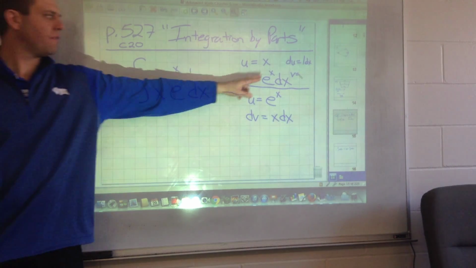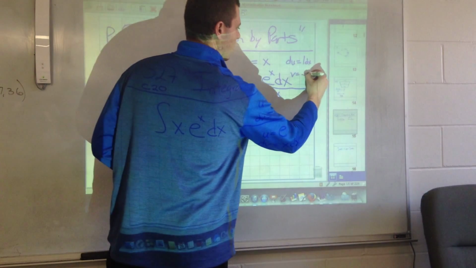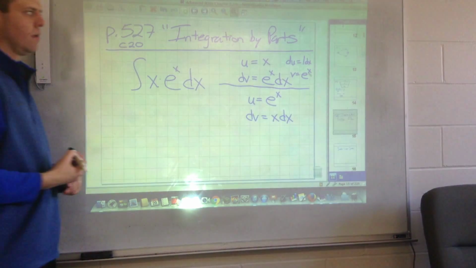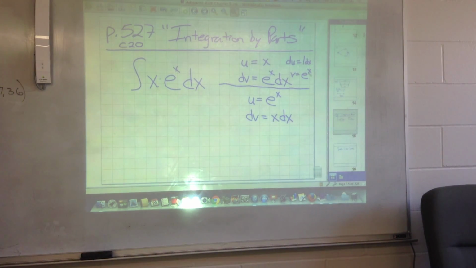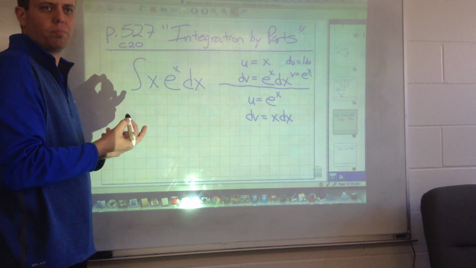The antiderivative of this, which would be e to the x. Not the worst thing in the world. So now we know v and du, we know all the other parts, and we just plug it in.